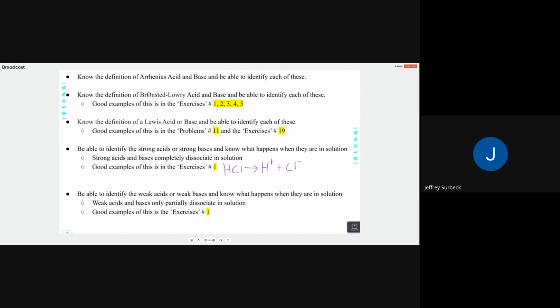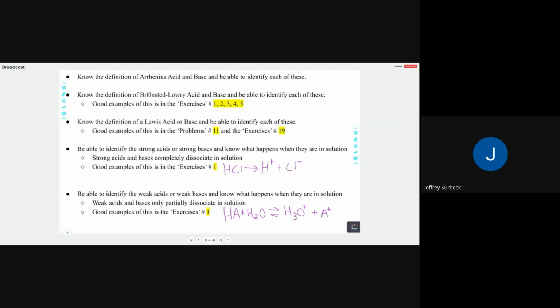Whereas a weak acid, and I'm just going to put generic weak acid HA, we combine that with water H2O, and this is at equilibrium because only some of the H's from the weak acid break apart.